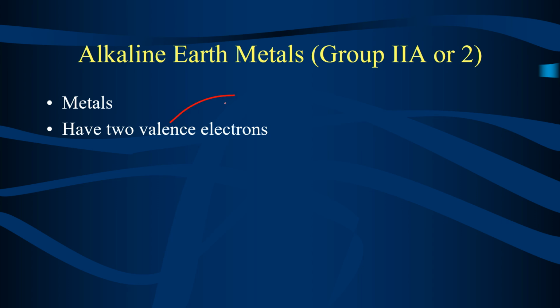Remember that valence means outer. When I say outer shell electrons, I mean the highest energy level, the most outside energy level.